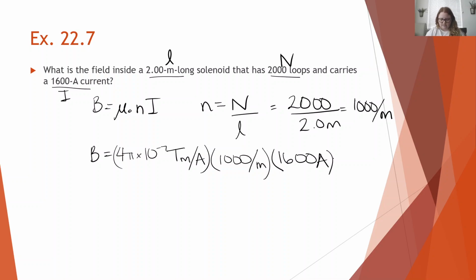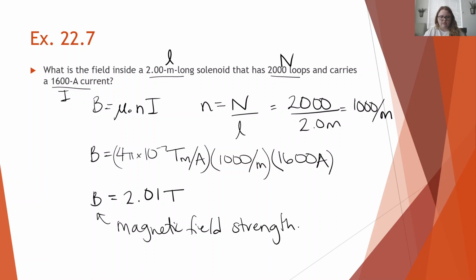We have 4 times pi times 10 to the negative 7th times 1,000 times 1,600. So we have a B field of approximately 2.01, and that is in Teslas. So about 2 Teslas is the magnetic field strength. Remember, this is magnetic field strength.